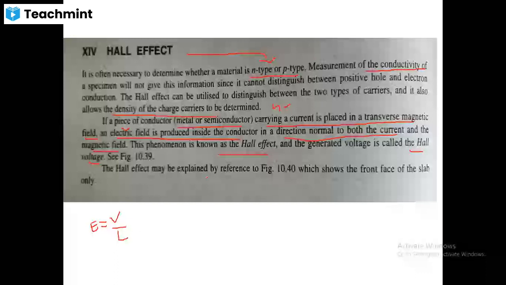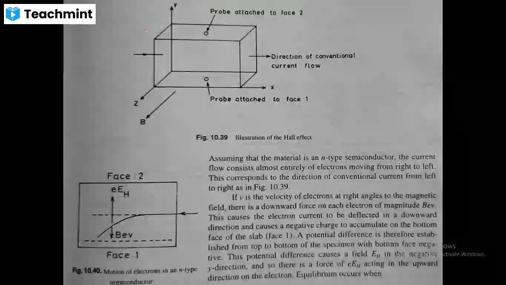The Hall effect may be explained by diagram 10.40, which shows the front face of the slab. If you observe here, we have a rectangular slab, which we have taken as a conductor. As you can see from the diagram, we are supplying the current in the x direction.